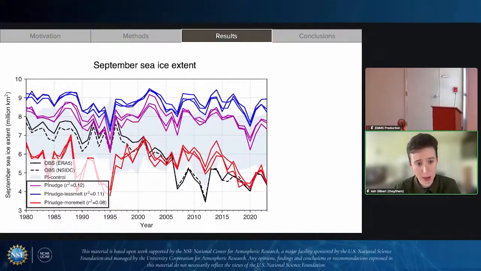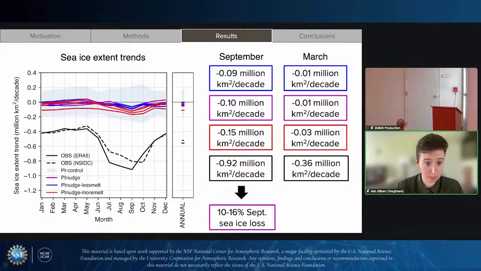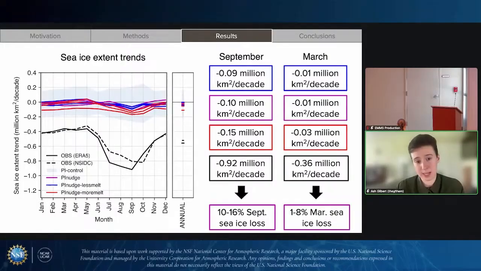And then if we were to back out and look at sea ice extent trends more broadly, we can see that, again, the wind nudge experiments are not reproducing the magnitude of any of the observed monthly or annual trends. In total, the wind nudge experiments are explaining about 10 to 16% in September and 1 to 8% in March.